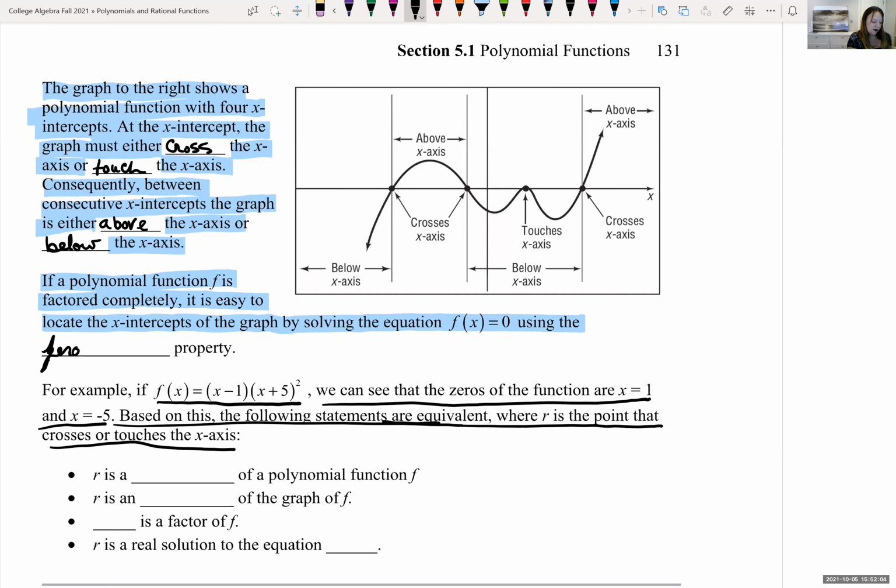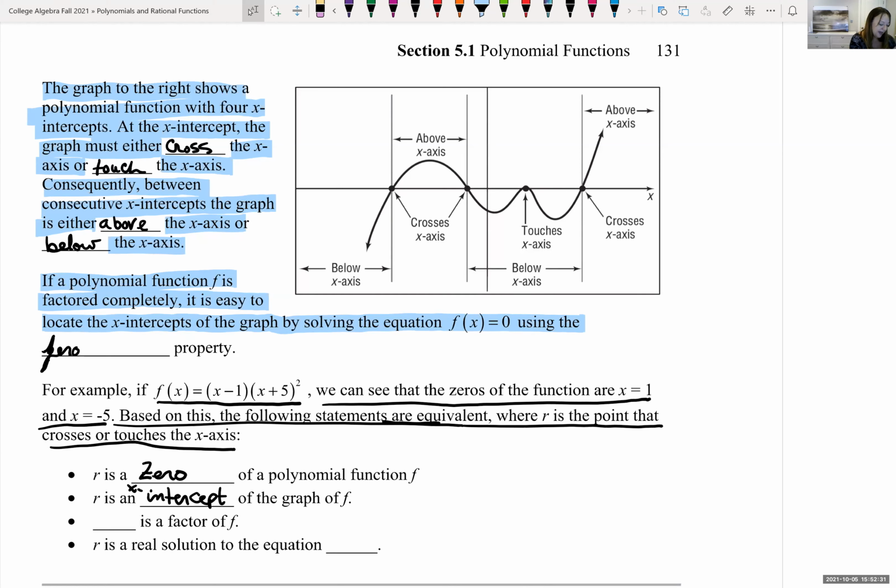So we say that r is a 0 of our polynomial, r is an x-intercept of the graph of f.